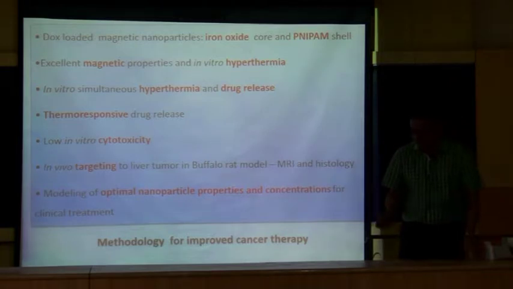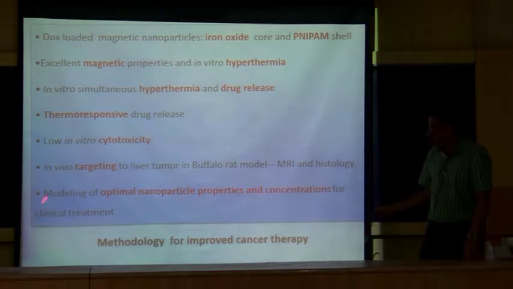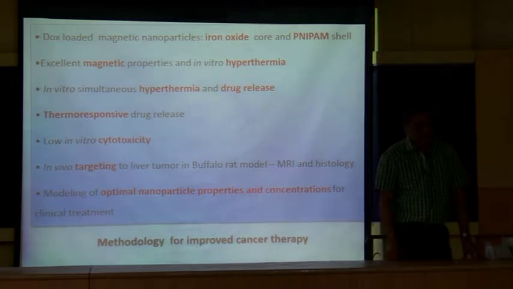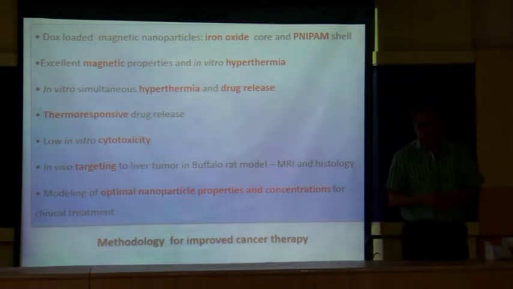We can also model and calculate how much particles we need, what is the mass of particles, what is the concentration required for cancer treatment. So in short, I have now described a methodology using nanotechnology for improved cancer treatment. Right?